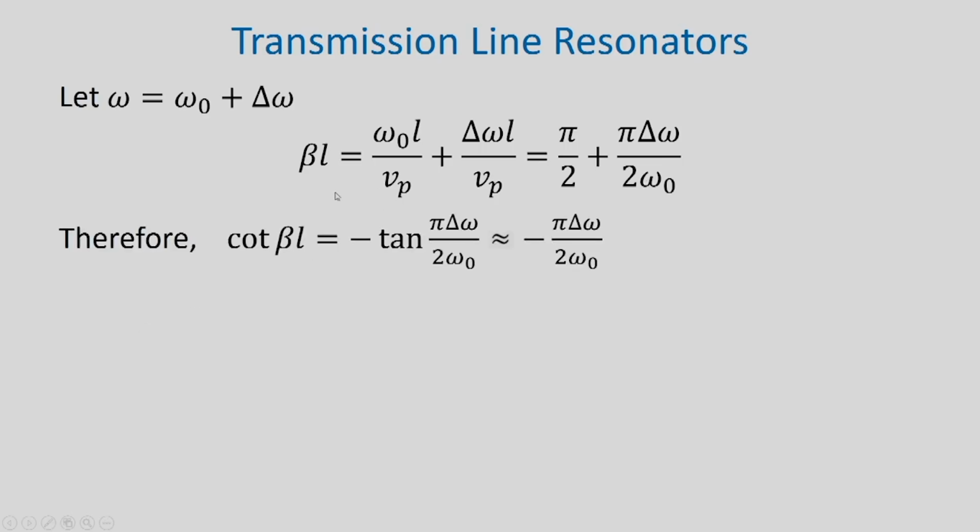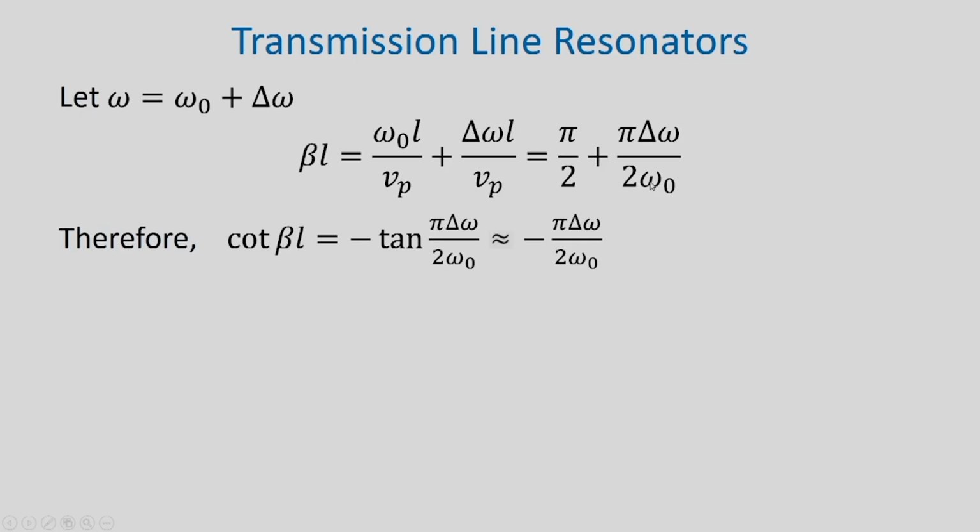Now, once we have this expression for beta L, we find that cot beta L, because of this pi by 2 term, it becomes minus tan of pi delta omega divided by 2 omega naught.